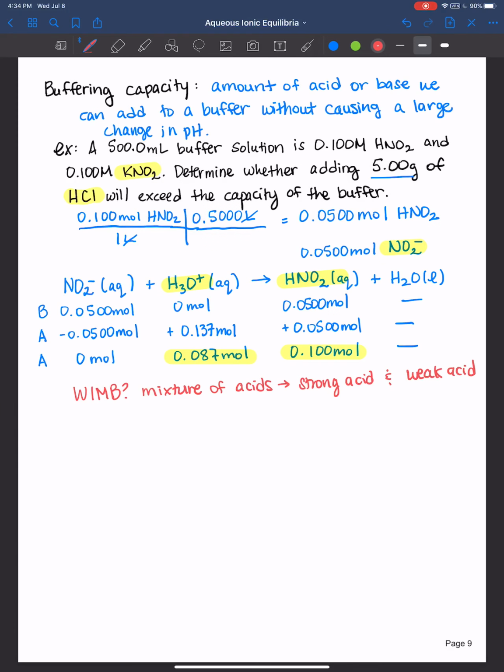and in an earlier chapter, we had studied together how to calculate the pH when you have a mixture of acids. And we determined that if we have a strong acid and a weak acid, the pH of the system is determined by the strong acid. Remember, the strong acid's donating its protons.